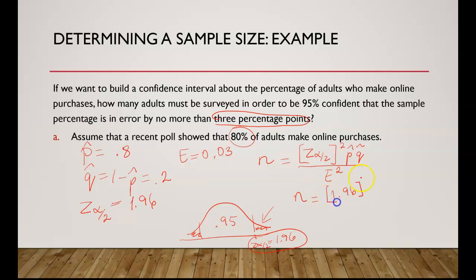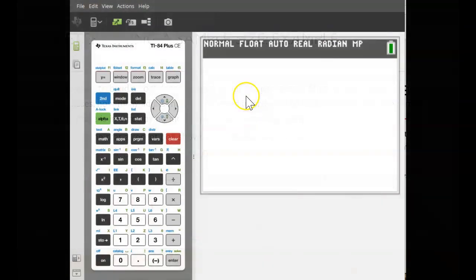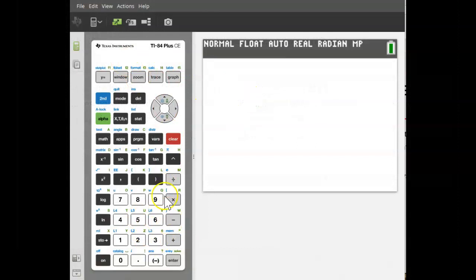1.96 squared times 0.8 times 0.2 divided by 0.03 squared. We can use either Desmos scientific calculator or graphing calculator or any other calculator that you have available. I'm going to use my TI-84 graphing calculator.